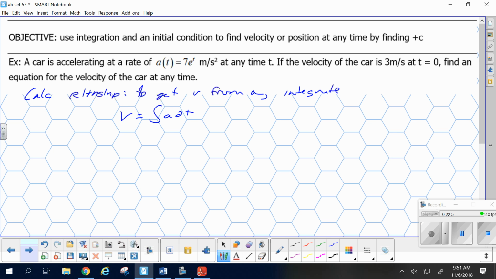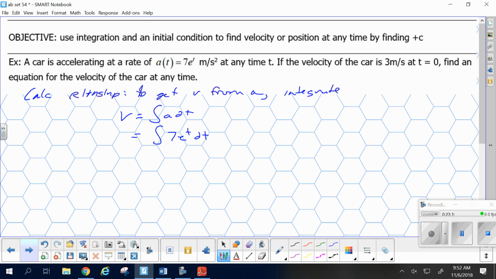So I'm going to anti-differentiate 7e to the t. Now I don't really have a time frame in mind. They didn't say, go from time 1 to time 2 seconds. Then I might use limits of integration in a definite integral. They just said find the velocity at any time. So I need an indefinite integral because I want the velocity at any time. So no limits. You with me?